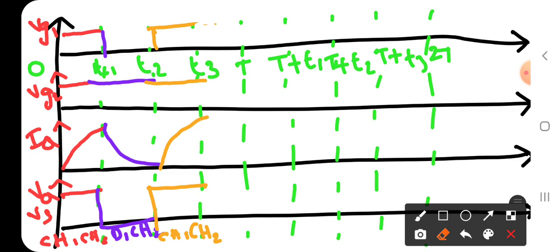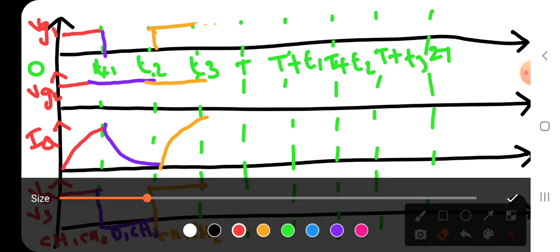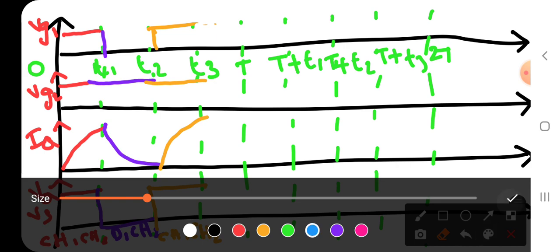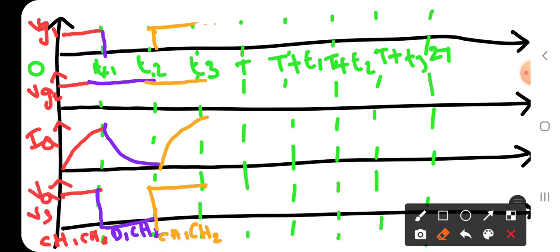And therefore, what happened at the end of this mode? The inductor is having the maximum energy. Therefore, one of the switches has to be turned off. Which switch do I need to turn off? Already in the second mode I turned off CH1. Therefore here CH2 will be off. Then which switch will be turned on? Let me assume CH2 is off.